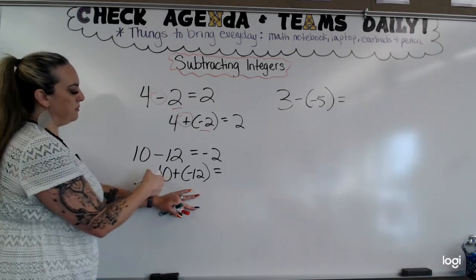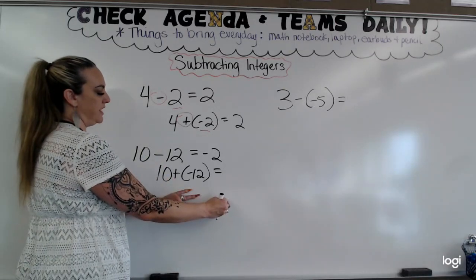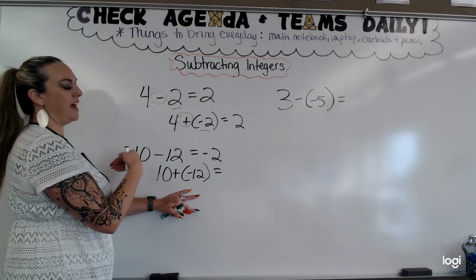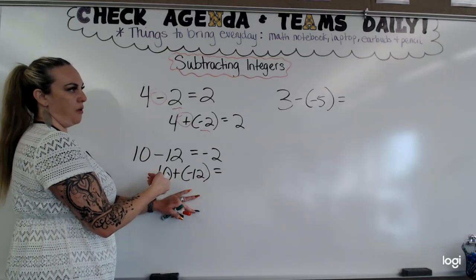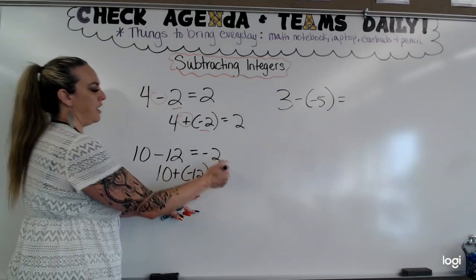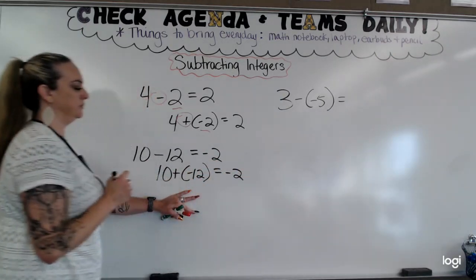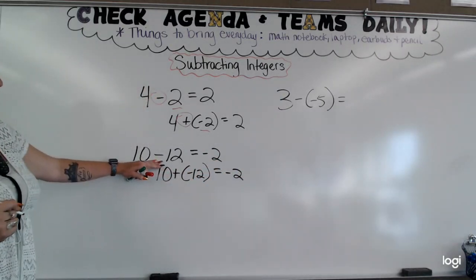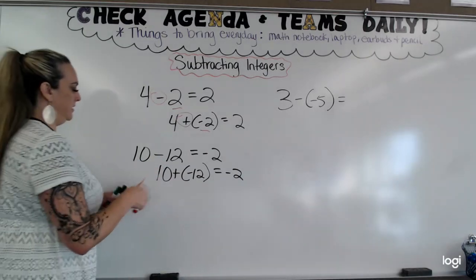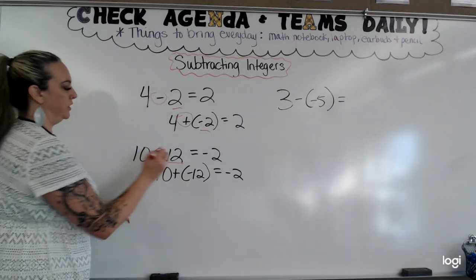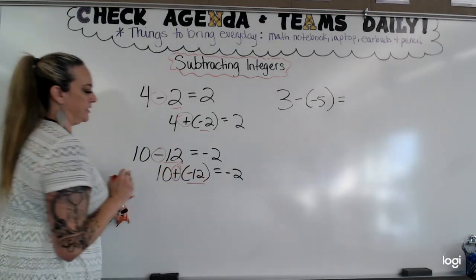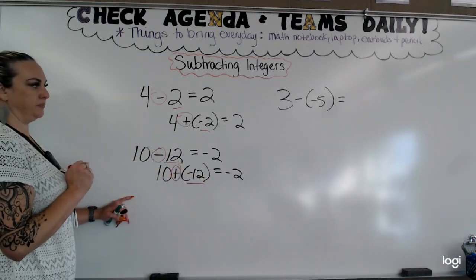And now I can remember on a number line, I would be starting at 10, and I'm adding a negative, so I'm going left. 10 of those is going to put me at 0. 2 more, and now I'm at negative 2. I went from subtracting a positive to adding the opposite, which is a negative.